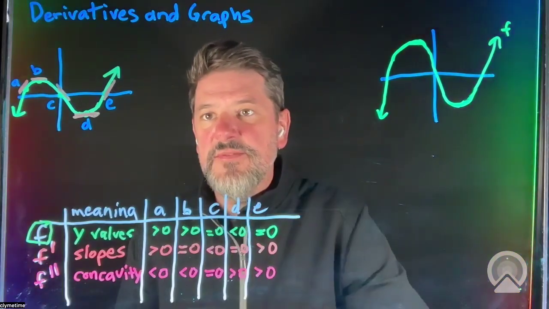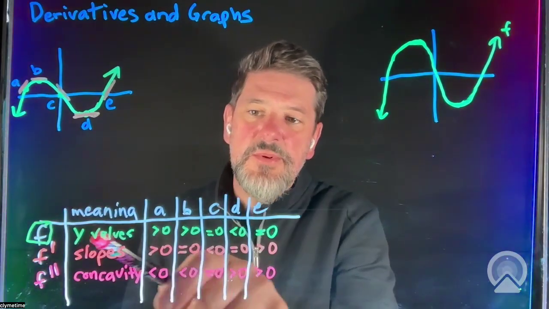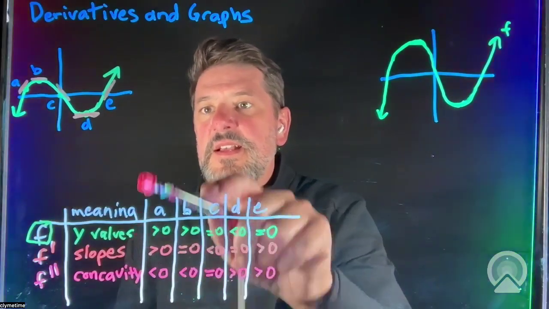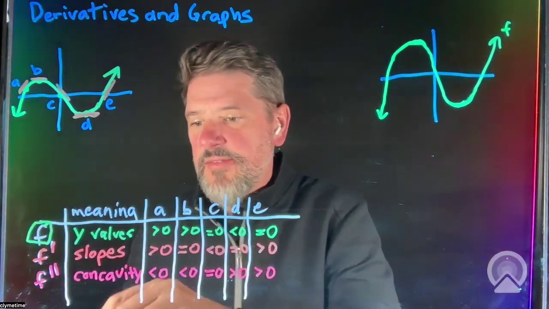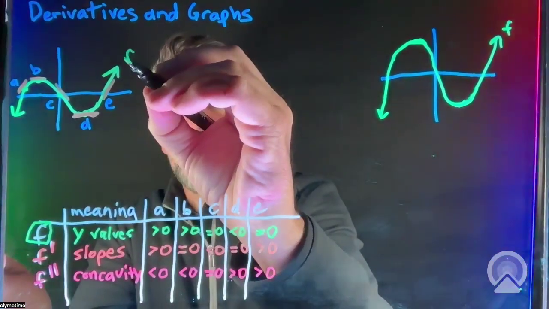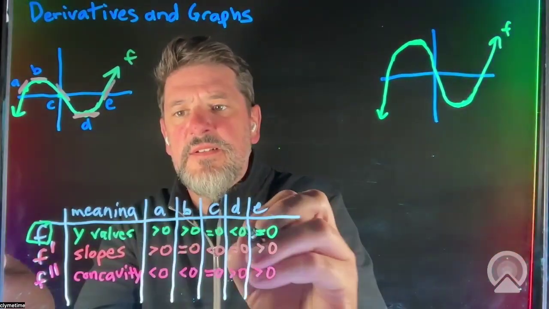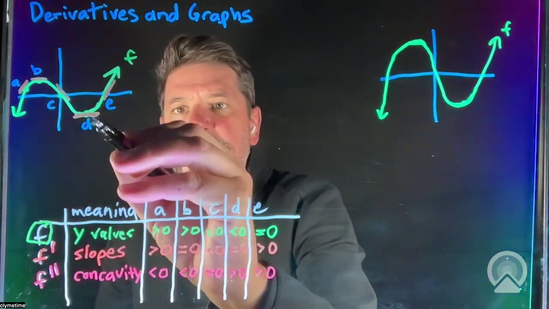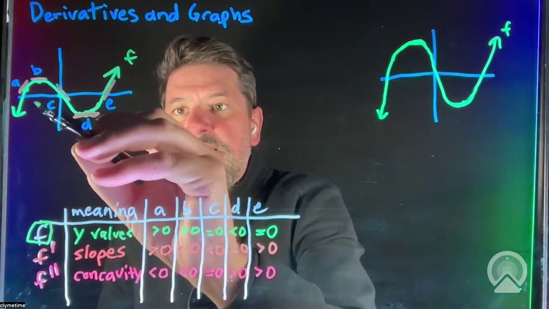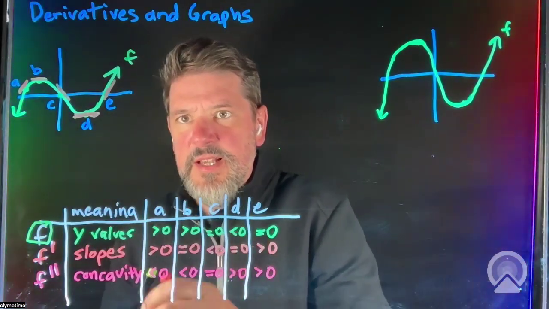So there are some patterns there for sure, but make sure you keep y values, slopes, and concavity separate because they are different things as they're related to the f graph. And this graph here is the f graph. And so therefore the y values of the f graph are here. And the slopes on the f graph are the f prime. And then the concavity would be the last part.